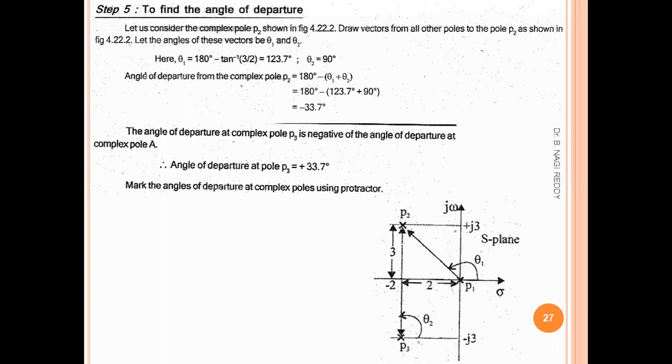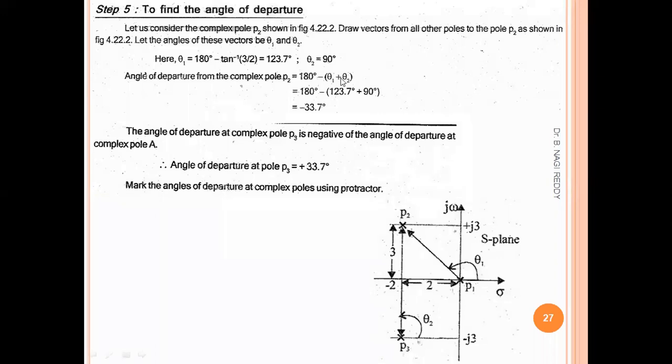Simply in step 5, write a sentence stating that there are no complex poles or zeros. So there is no chance of angle of departure and angle of arrival. Only a single statement is enough for step 5 if we don't have complex poles and zeros.